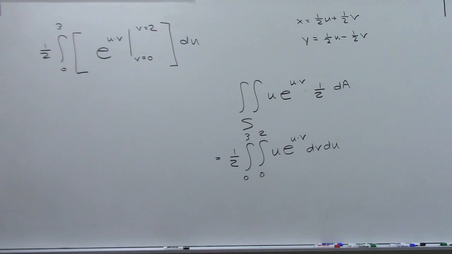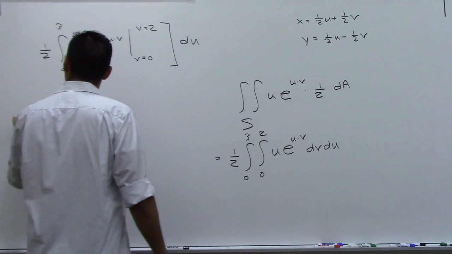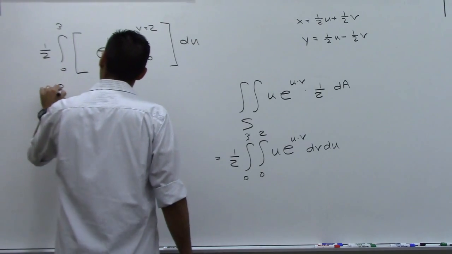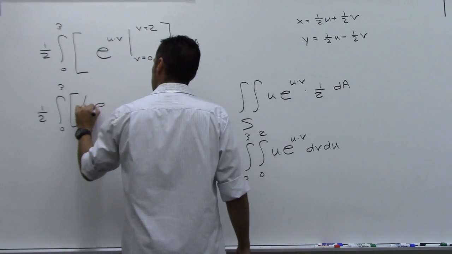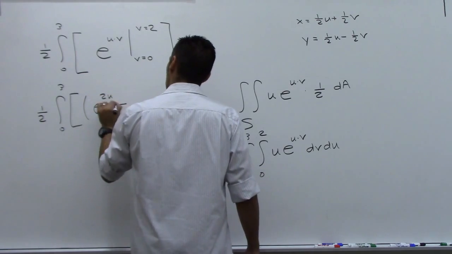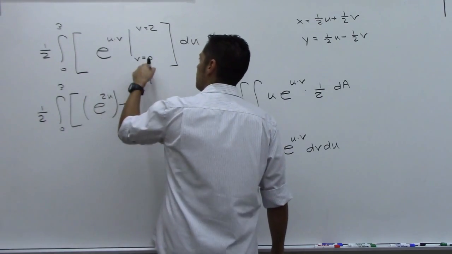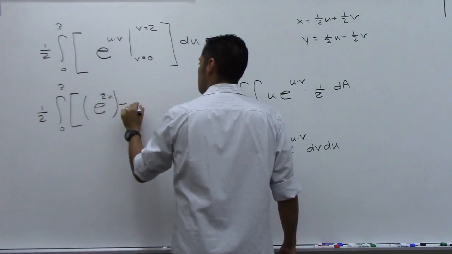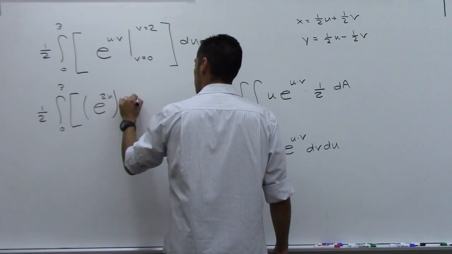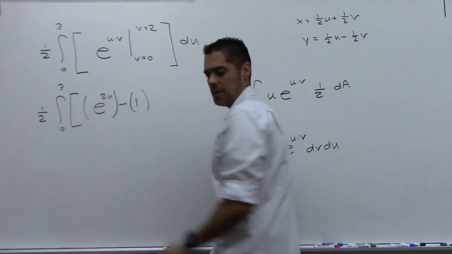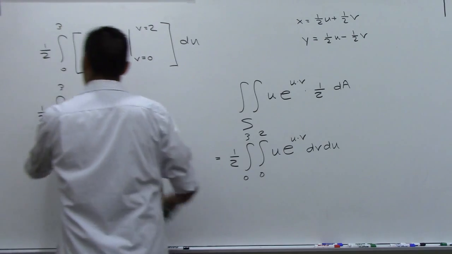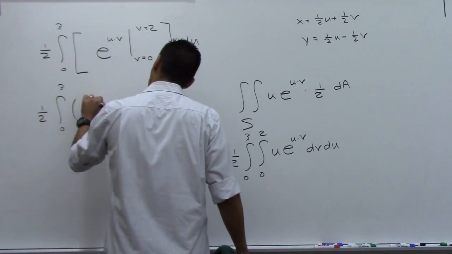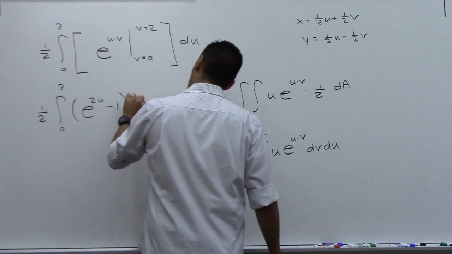Now plug in 2 for v. So 1/2 integral 0 to 3. Plug in 2 for v, you get e to the 2u minus, now plug in 0 for v, you get e to the 0, which is 1, so minus 1. I guess I don't need all those parentheses. I can just do e to the 2u minus 1 du.